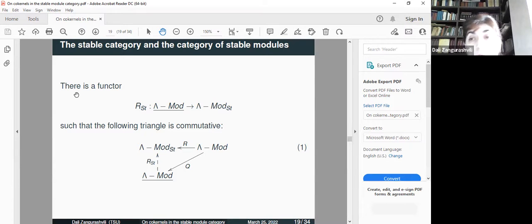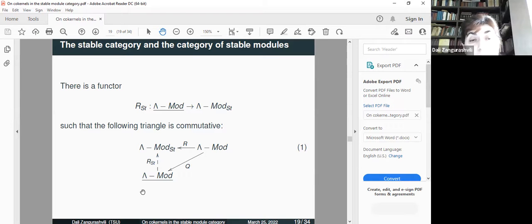Now one can verify that there is a functor from the stable category to the category of stable modules, such that this triangle is commutative. This functor acts on modules in the same way as R does.